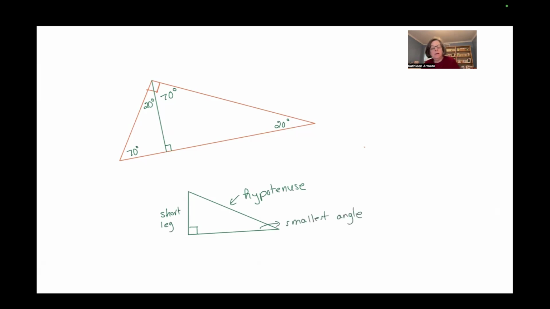Remember, the shortest side would be opposite the smallest angle, the medium side opposite the median angle. I'm going to call this leg the long leg. It'll be opposite the larger acute angle, not the largest because the largest is 90, but the larger acute angle.